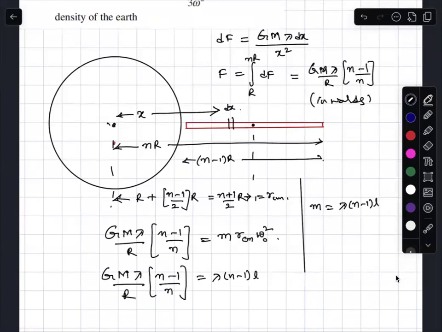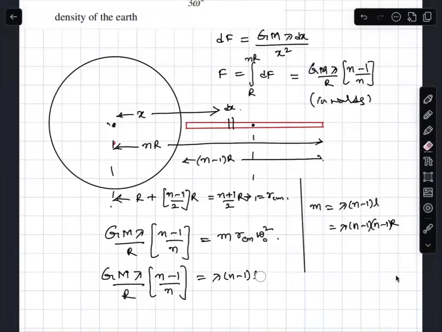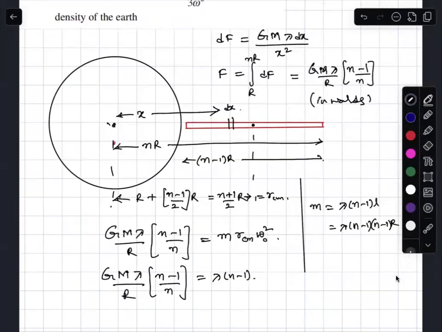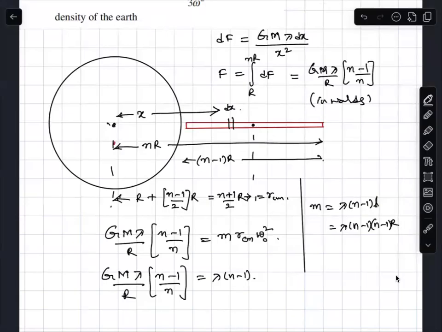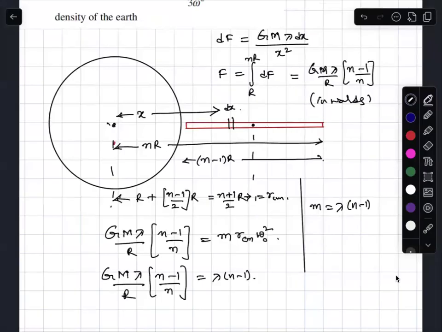Here, the length of the rod is nothing but (n minus 1) R, so why should I write the L term again? Don't get confused. The mass of the rod is lambda (n minus 1) R, times R CM. R CM is (n plus 1) by 2 times R, times omega naught square.